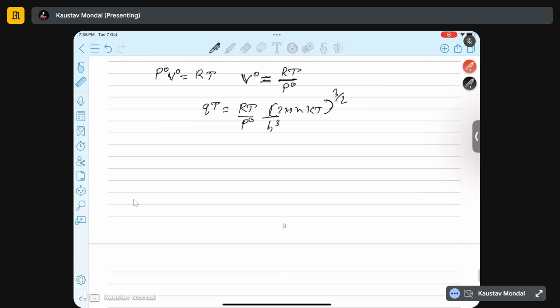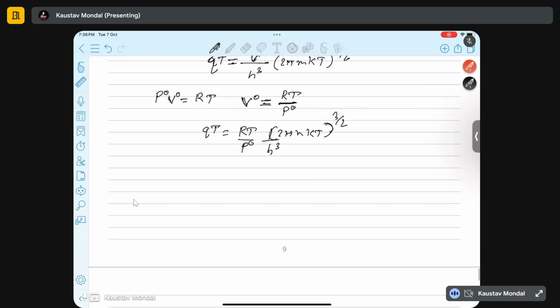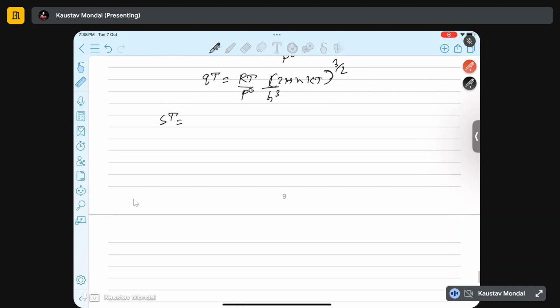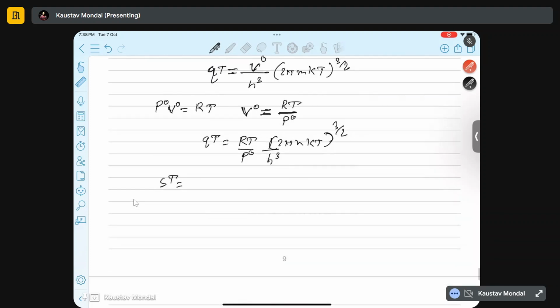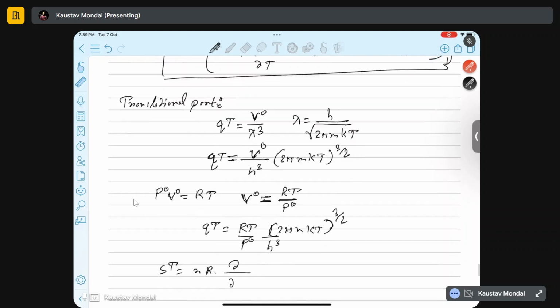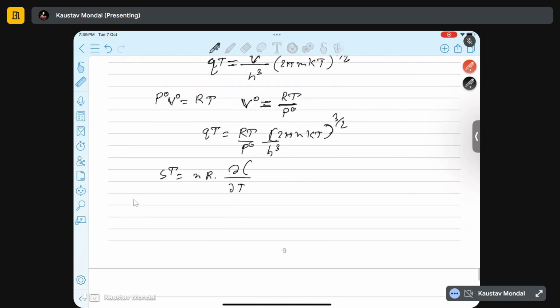Now from here the ST, the translational contribution, ST is basically NR into del T into ln Qt, right?